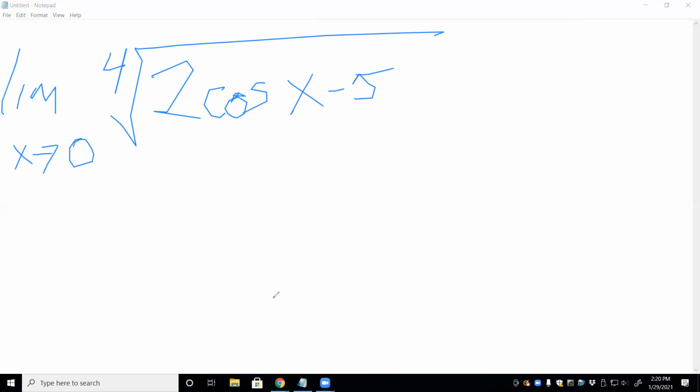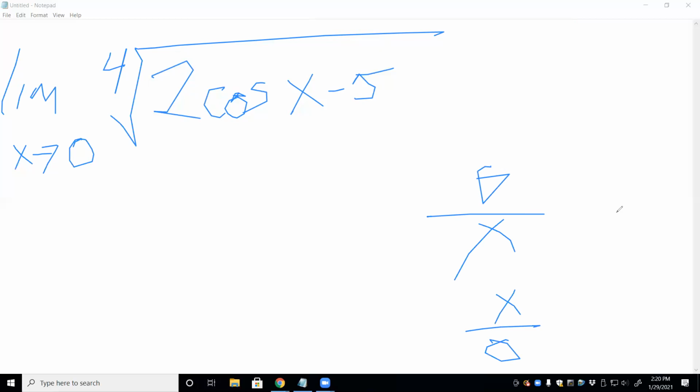Okay, well, I don't think this is a hard limit problem. This is a straight substitution limit problem. The reason I say it is because it does not produce a 0 over 0. Always look for that. If you have 0 over x, that goes to 0. If you have x over 0, that goes to infinity.